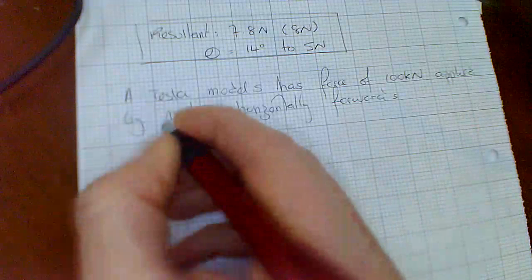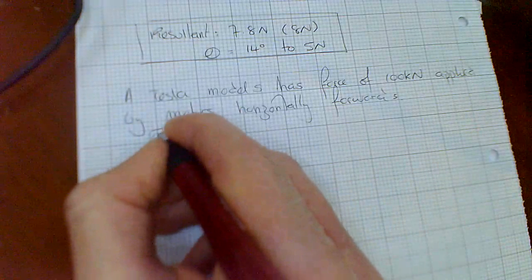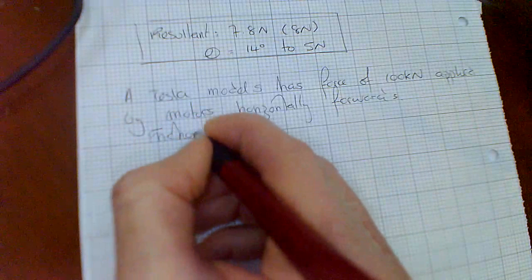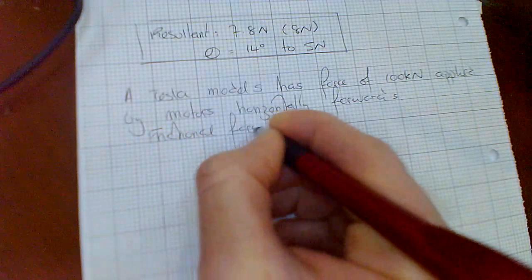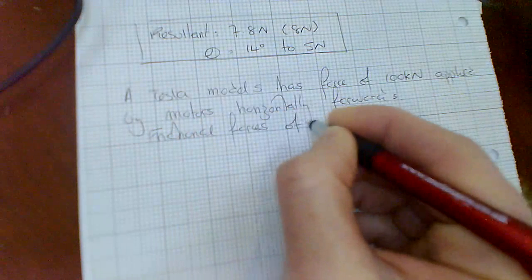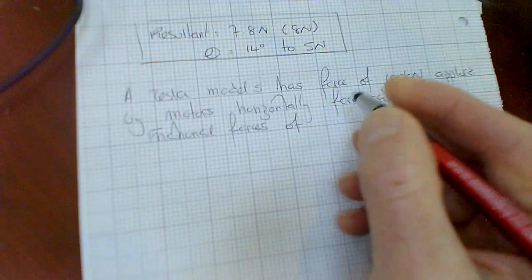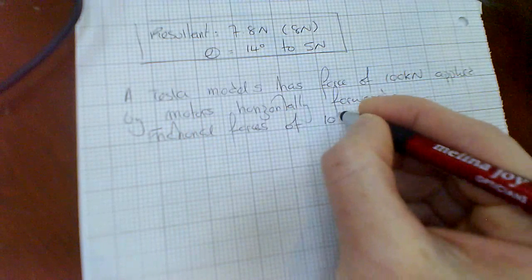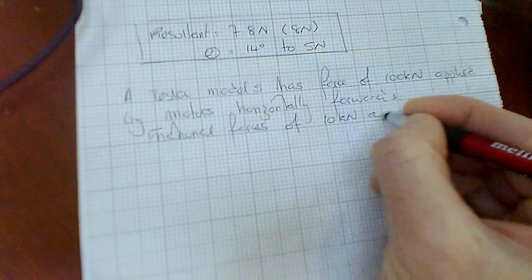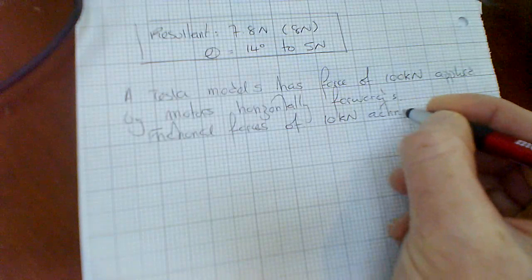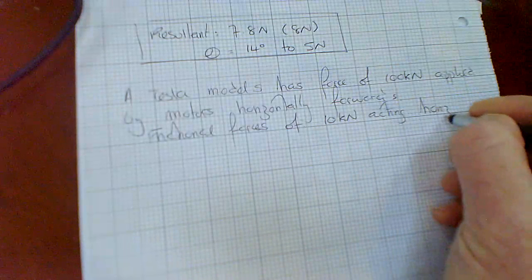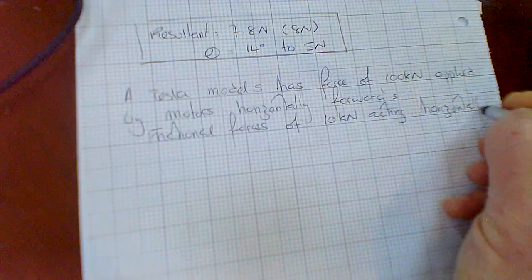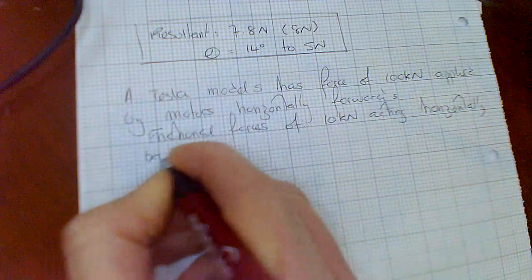Let's say we have frictional forces of let's say 10,000 newtons acting horizontally backwards.